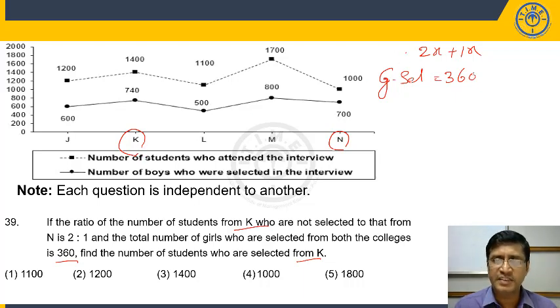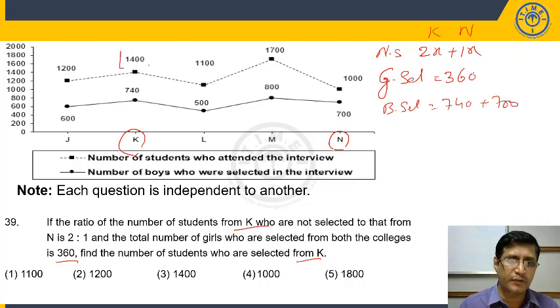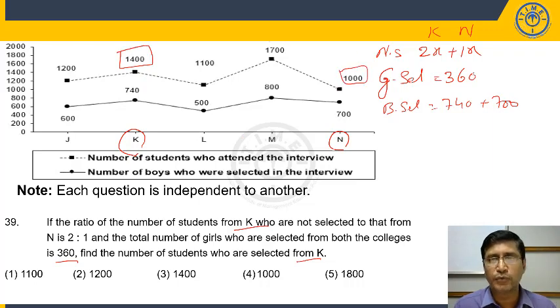Now if you observe this carefully, here 2x and 1x is the number of students who are not selected from K and N. Whereas from K and N, how many boys are selected? The number of boys selected is 740 and 700. Whereas what is the total number of students from these two? The total number is 2400.